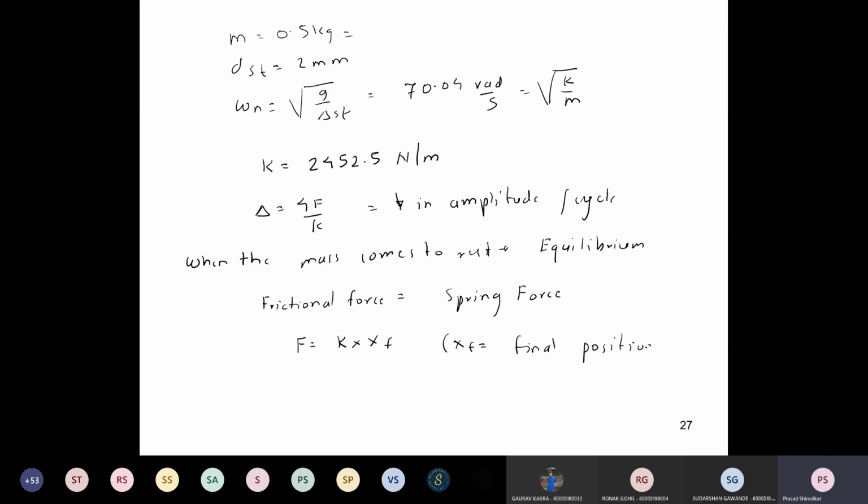Now delta, that is the decrease in amplitude, is 4 times F by k, into xf by k... that is nothing but 4 times xf. So the decrease in amplitude per cycle is 4 xf.